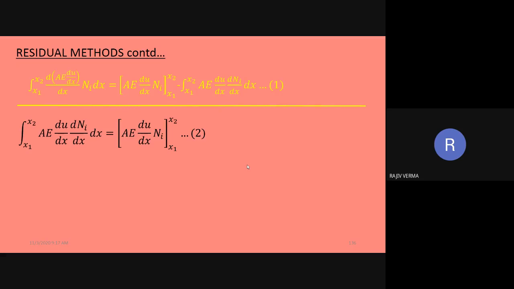So this boundary term also appears because of the reduction of the second order to the first order. So these two are the advantages of the Galerkin approach.